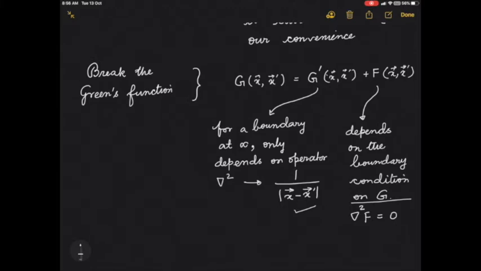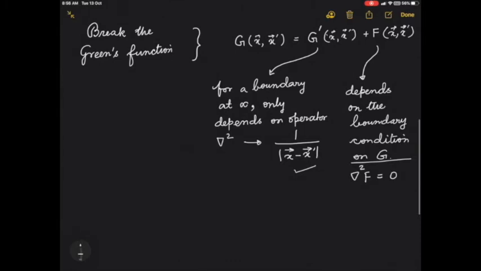We saw how to get to it in the last discussion. So boundary condition on G directly gives me a boundary condition on F, and I use that boundary condition with the solution of Laplace equation to get F. Once I know F, I know G prime, so I know capital G.